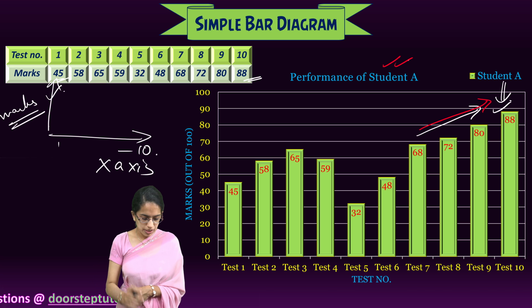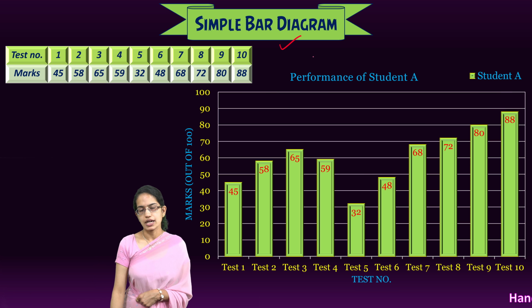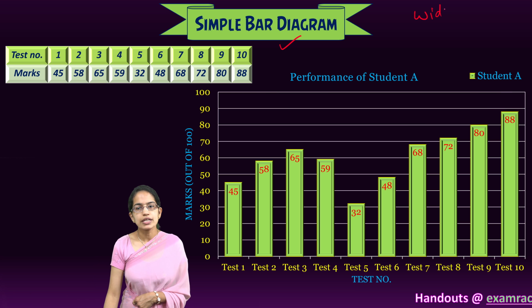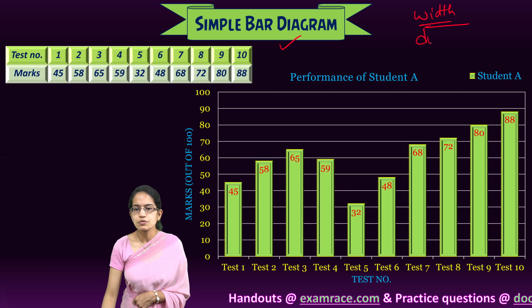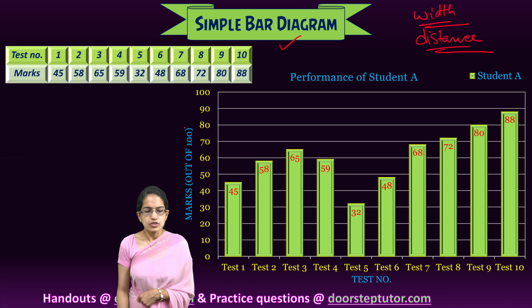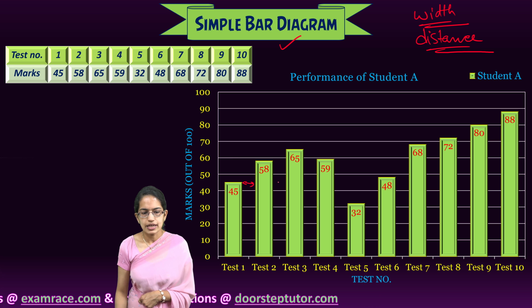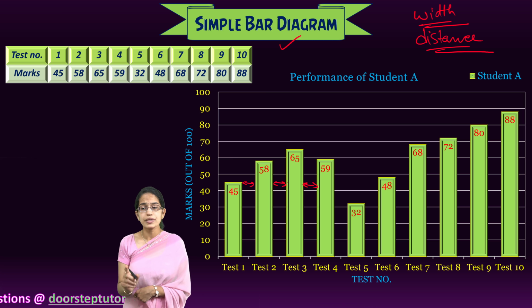Now some of the important things that you should take into account while doing a simple bar diagram. First, the width of each of the bars should be the same. The distance between two bars should again be the same. So the distance that I am maintaining here and the distance between each of the bars should be the same.